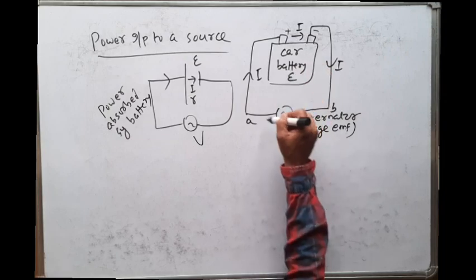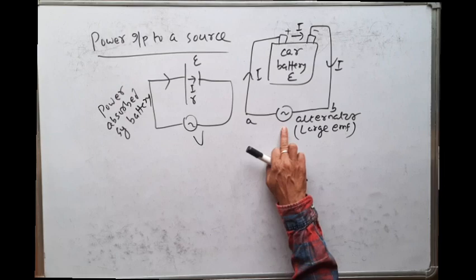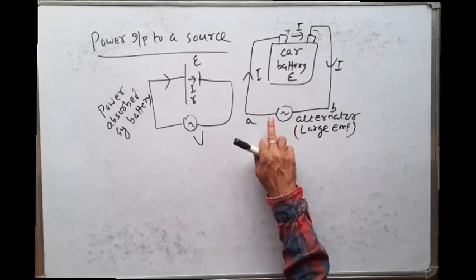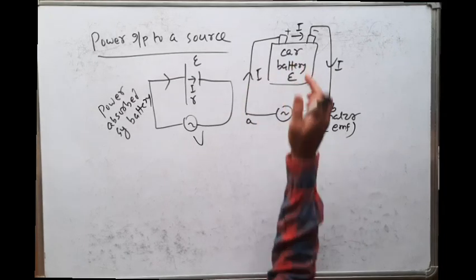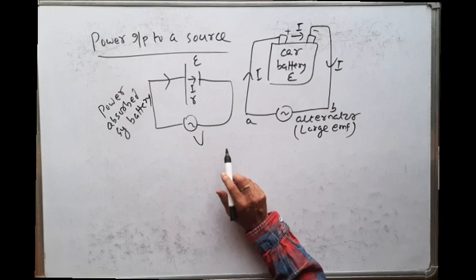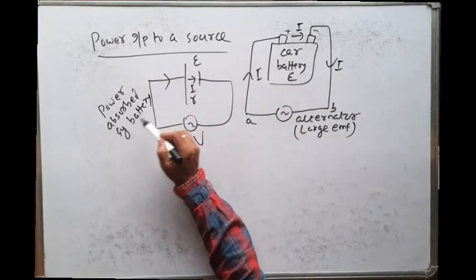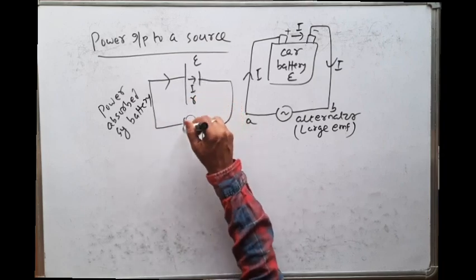So here there is a charging process. This alternator, which is a generator, delivers the power, and that energy is absorbed by the battery of the car. So power is absorbed by the battery from this source.